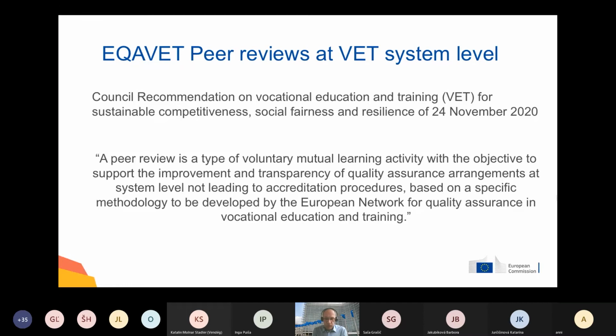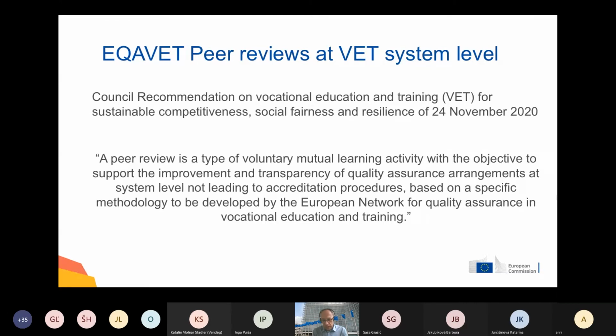Peer reviews at system level can be a way to help improve transparency and mutual trust between the countries. So these are the three overall main objectives that we would like to pursue with these peer reviews. As I mentioned, these principles are included in the VET recommendation, which is approved by the ministers of VET of all EU member states.